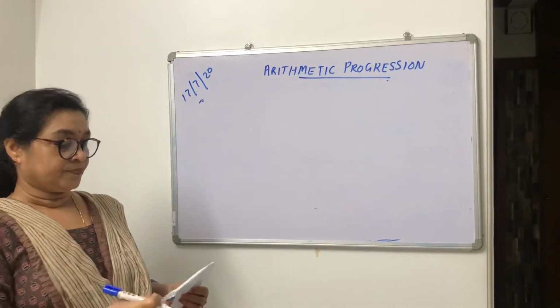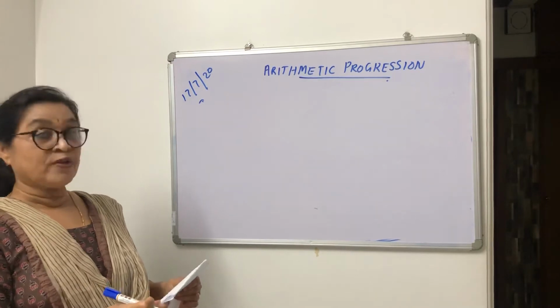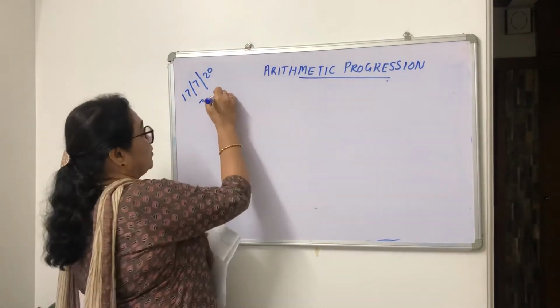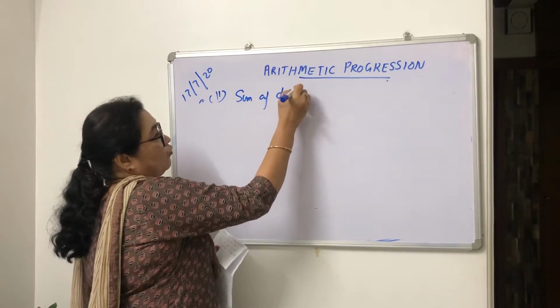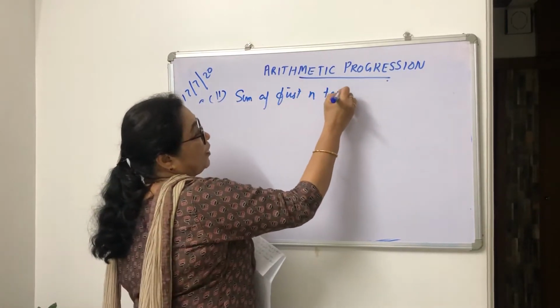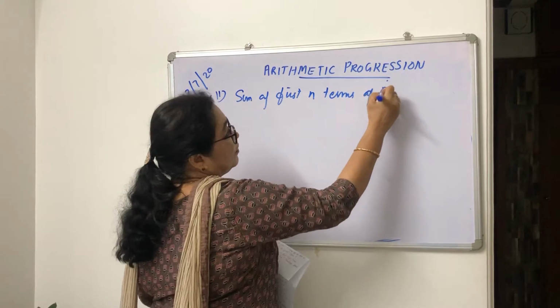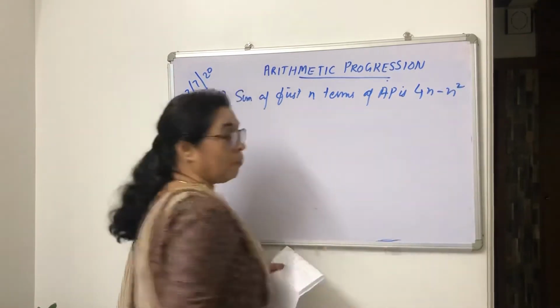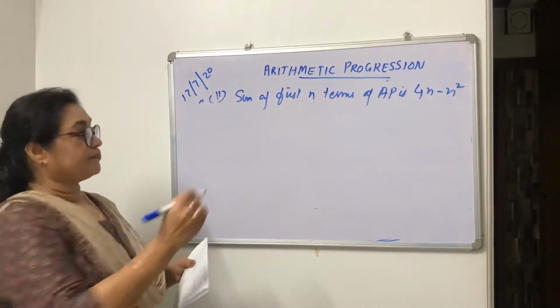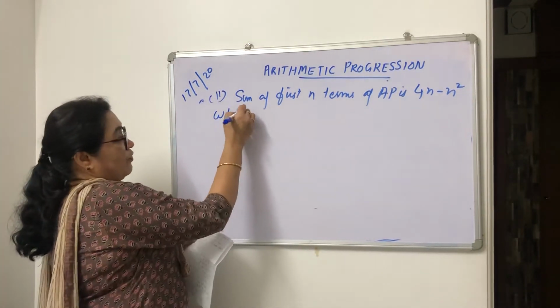Next one. Sum of first n terms of AP is 4n minus n squared. What is the first term?